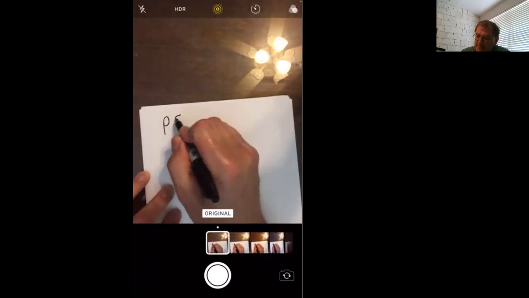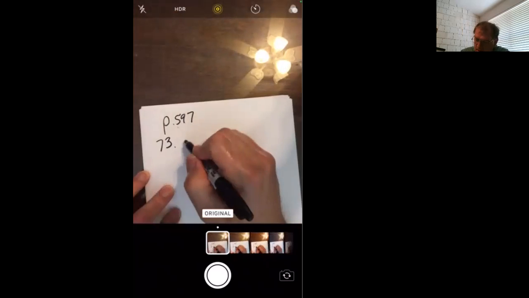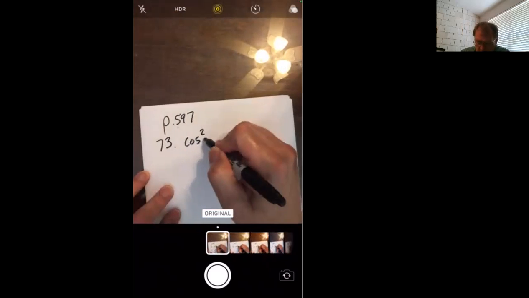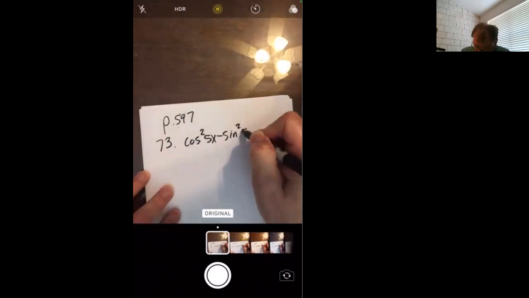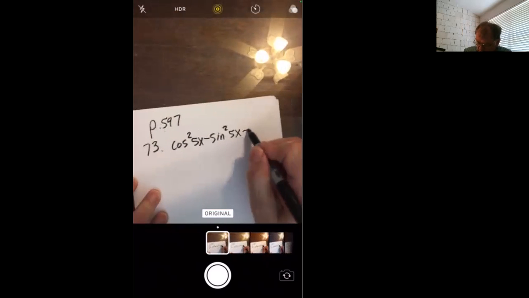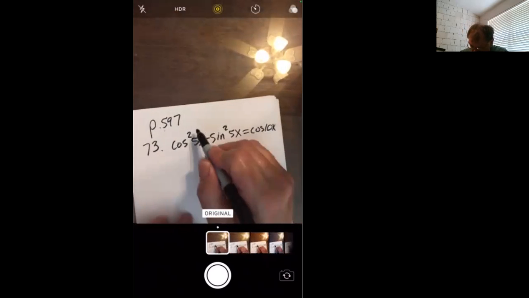Page 597, 73: cosine squared of 5x minus sine squared of 5x is equal to cosine of 10x. This one's so easy, it's hard to know what to do. Verify.